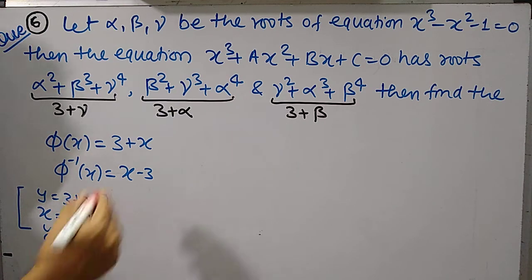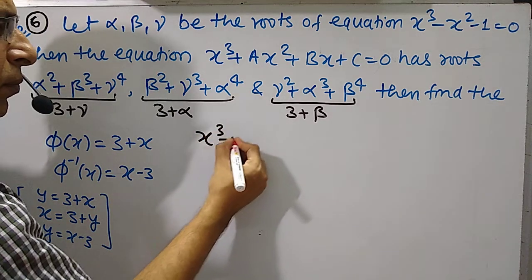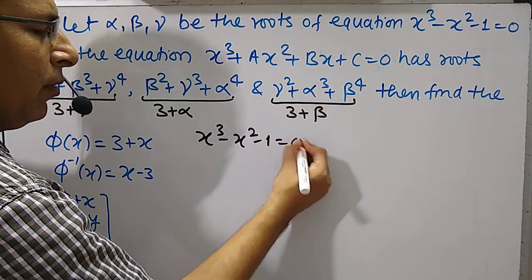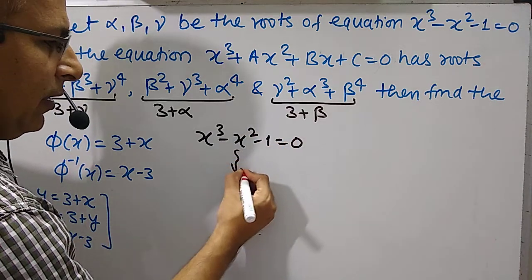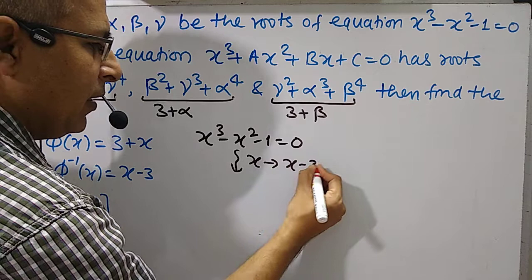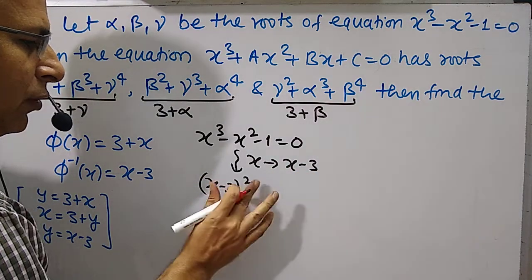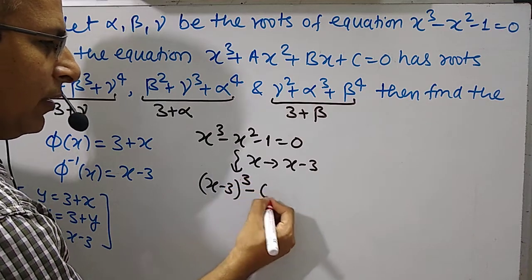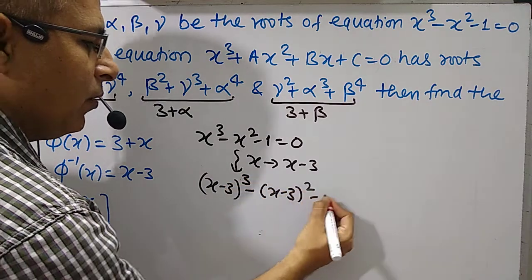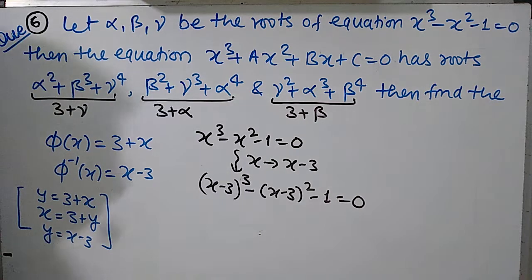So here, in x cube minus x square minus 1 equal to 0, x is replaced by x minus 3. So we get (x minus 3) whole cube minus (x minus 3) whole square minus 1 equal to 0.